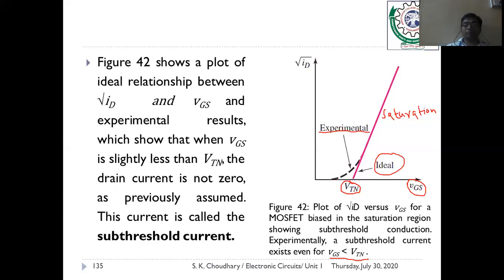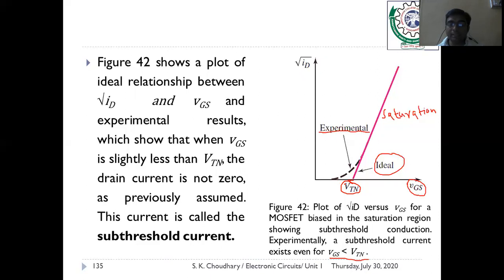Then what happens? As per the ideal characteristics, ID should be 0. But practically it does not become 0. Some finite current is still present, and it takes some amount of time to make the drain current 0.